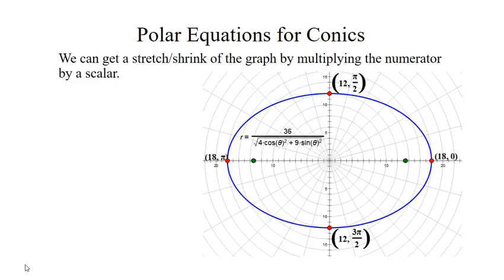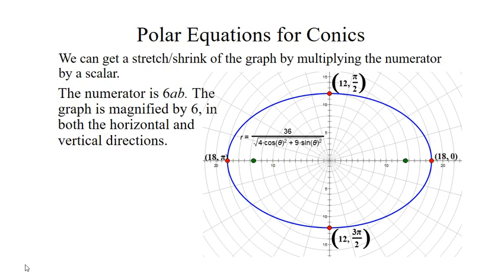We can get a stretch or shrink of the graph by multiplying the numerator by a scalar. So this is the same equation we had before, but I multiplied the numerator by 6. So we now have 36 over the square root of 4 cosine squared theta plus 9 sine squared theta. And what this does is magnify in both directions, horizontally and vertically, by 6.